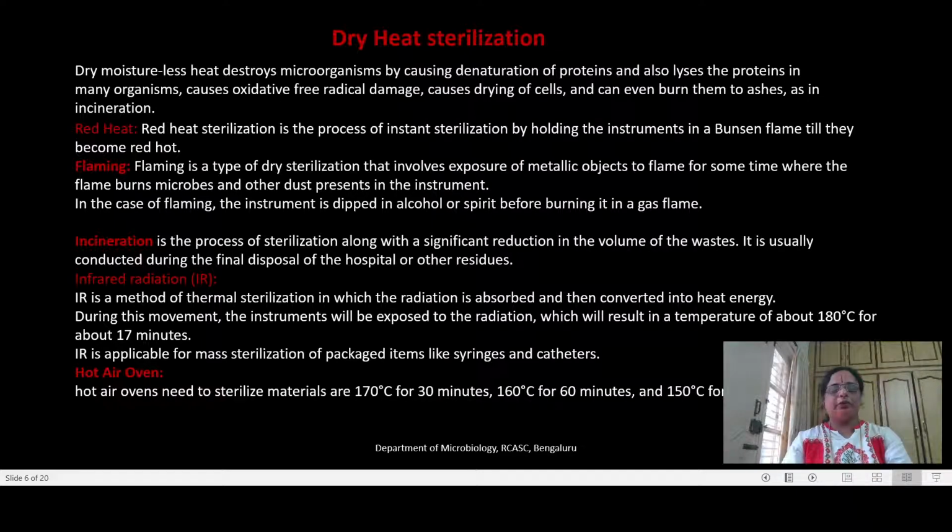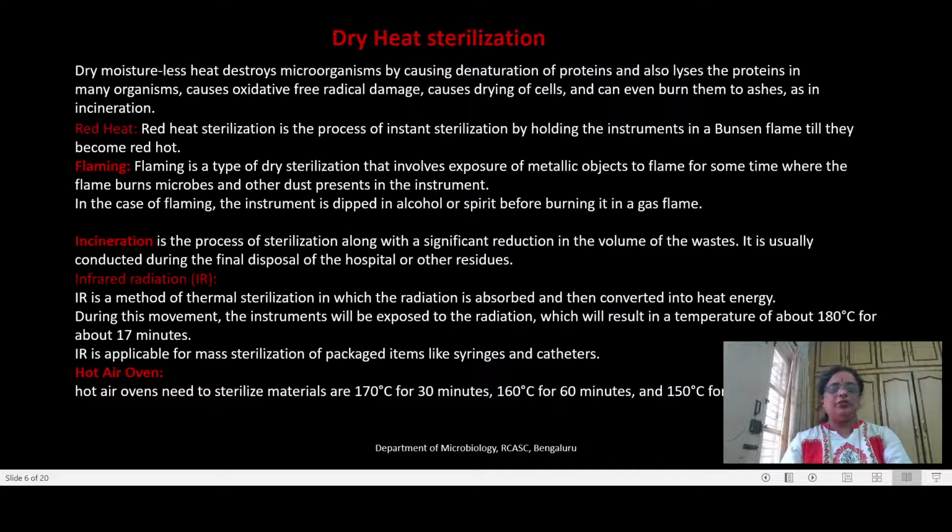At that temperature, for that period, the microorganisms or the fungal organisms present on the surface get destroyed. This method of sterilization is applicable for packed items as well as syringes, catheters, etc.